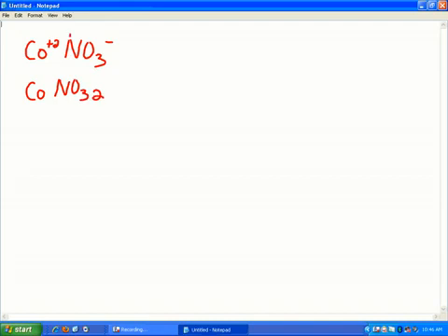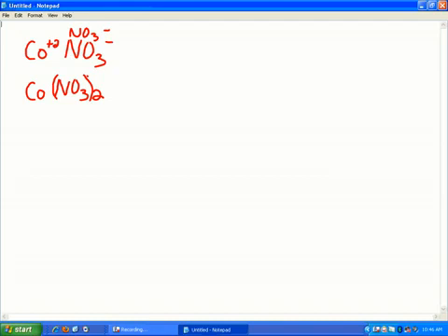So what that means is we had to have a second nitrate ion to have the positive 2 and the negatives cancel each other out. Well, without parentheses, the 2 next to the 3 makes it look like you have 32 oxygens. So you need parentheses around them to say, I have 2 of everything inside that parentheses. So that is cobalt nitrate.